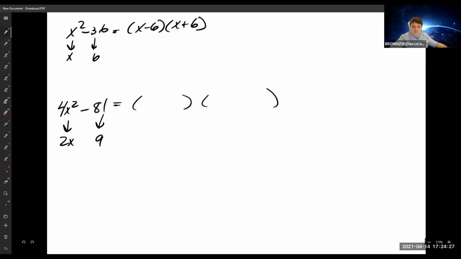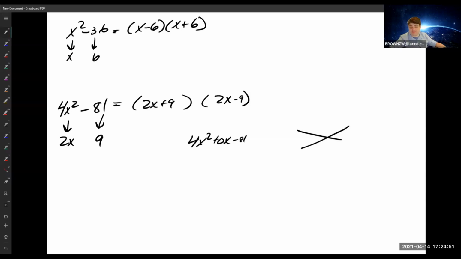So we have two perfect squares with a minus symbol, so we have a difference of squares, so we can go straight into saying this is going to be 2x plus 9, 2x minus 9. And just go straight into a factoring shortcut as opposed to doing, all right, I'm going to write this as 4x squared plus 0x minus 81, and then doing the full diamond on that, which would actually be kind of messy.